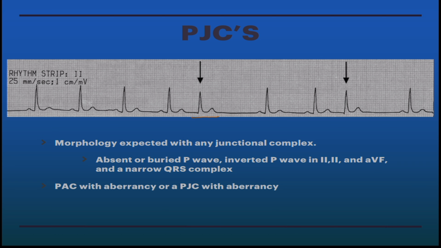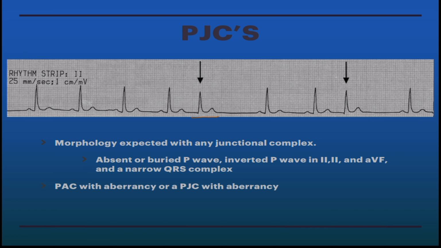It can be difficult in some cases to differentiate a premature atrial contraction from a premature junctional contraction. In that case, what you're really looking for is a buried P wave before the QRS complex. Is that P wave buried in the T wave, and is it upright?